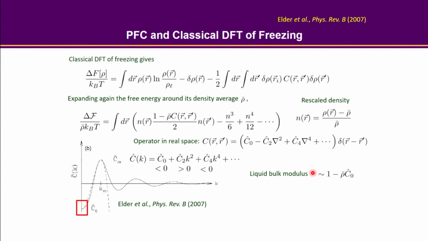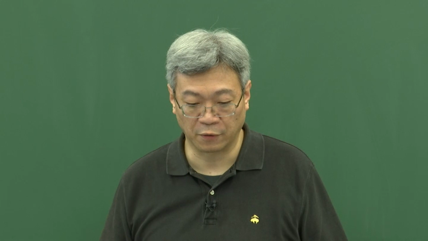Basically, it's the bulk modulus, okay? So proportional to, but if you want to get the right dimension, there's rho bar kBT on the right-hand side. Some other derivation could involve taking the derivative of the Helmholtz free energy with respect to the volume. If that's homogeneous, V is over here, so you divide the volume to the left-hand side, you end up with the pressure, and taking the pressure's derivative with respect to the density, you get something proportional to the compressibility, or proportional to the liquid bulk modulus.